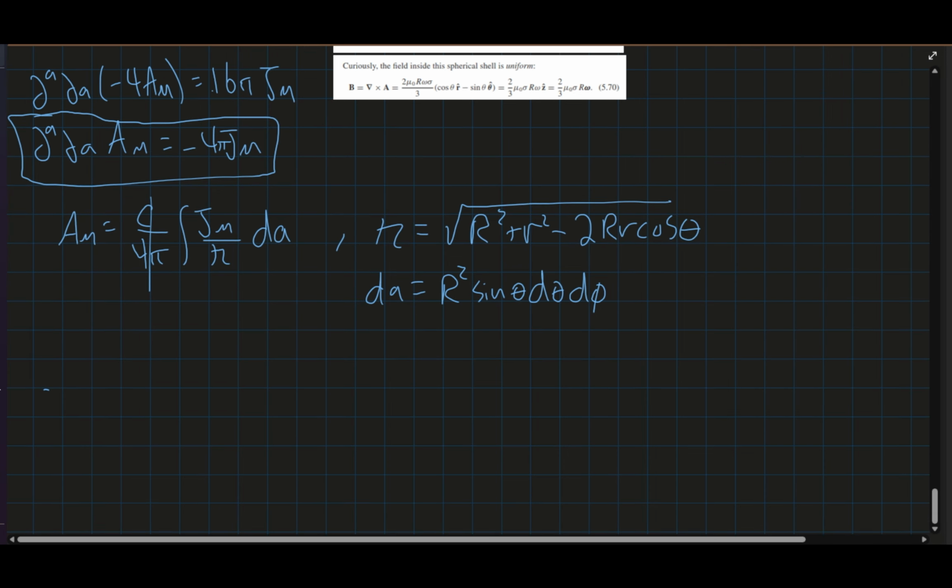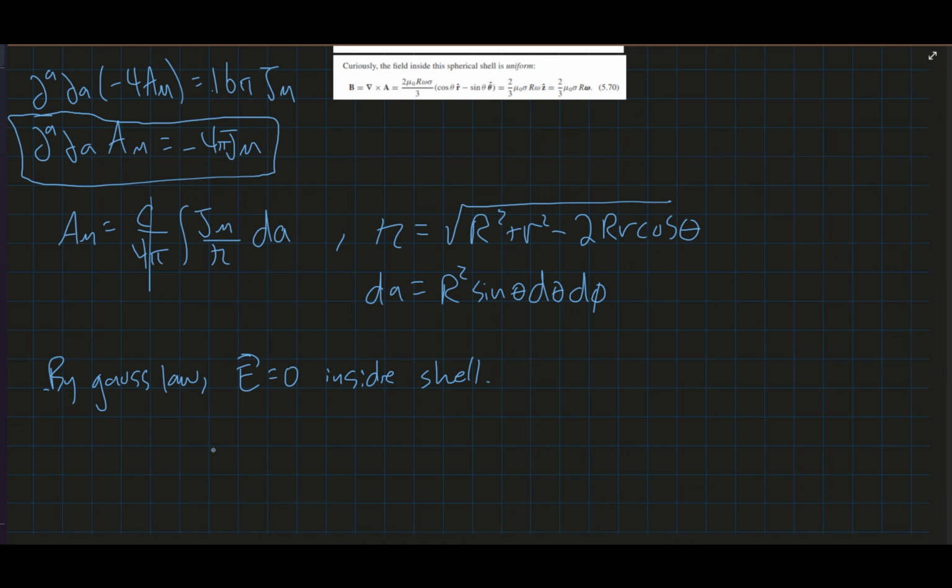So right off the bat, we don't even have to do any work. We can just say by Gauss's law, E equals 0 inside the shell, because you would not enclose any charge or any mass in this case.